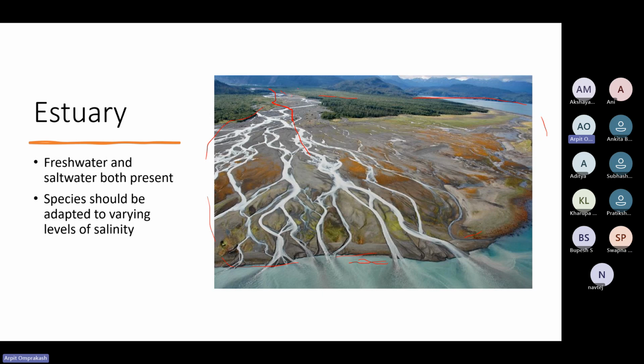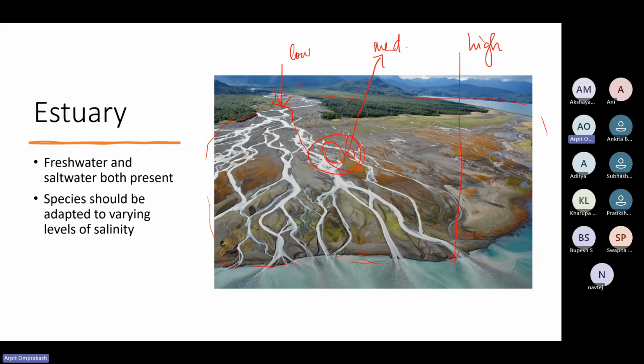So if you look here, you might have very low amounts of salinity. But if you look somewhere here, you will have very high amounts of salinity because this is closer to the sea. And in the areas in the middle, you will have a medium amount of salinity.